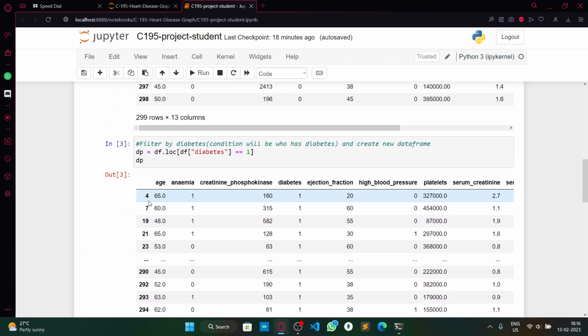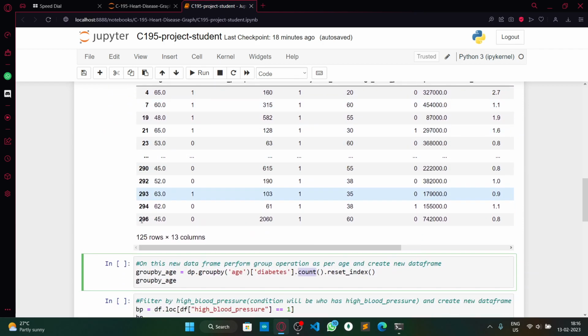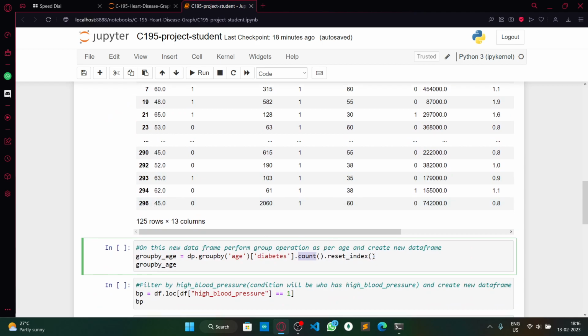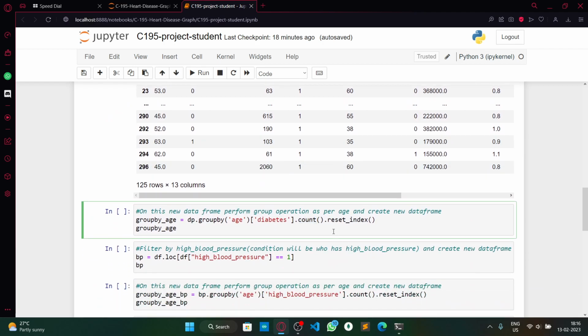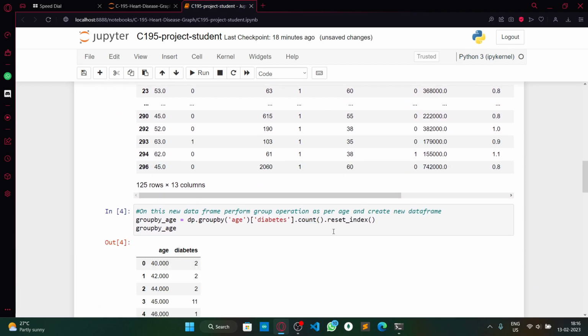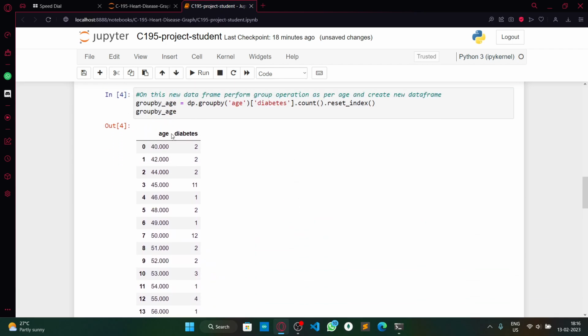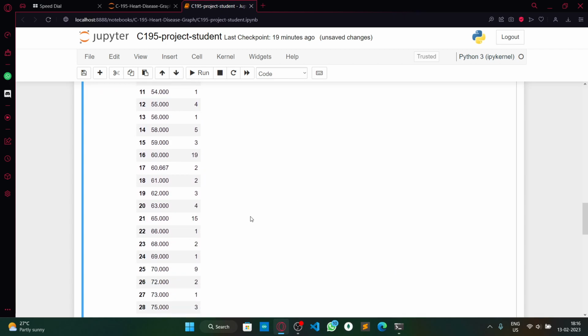I did not use reset index here, so you see it's disturbing, it's annoying to some extent, so we use the reset index here. Now you see we have a data frame of age and diabetes. In the 40 age group, we have two diabetic patients, 45 has 11, and so on.